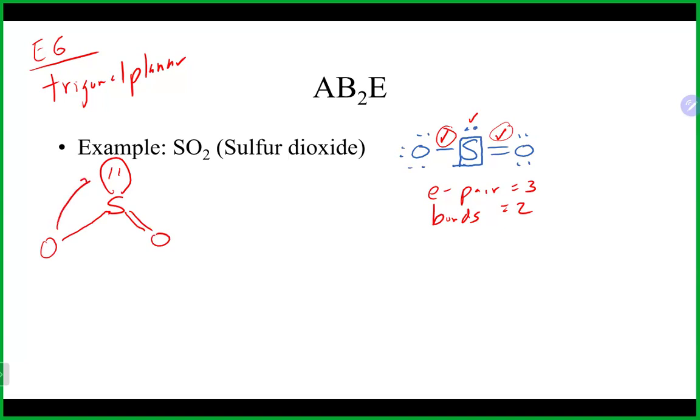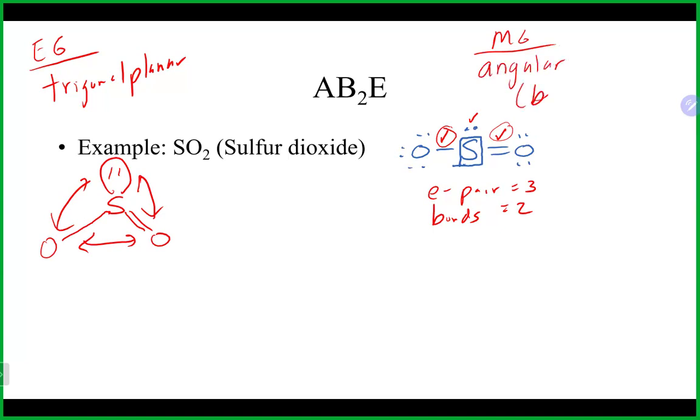They try to keep as far a distance as they can from each other, but they can't fold too close on the bottom end, so they have to keep a little distance there as well, because those are bonding electrons that don't want to be near each other either. And we end up with a molecular geometry, which I'm going to call angular.